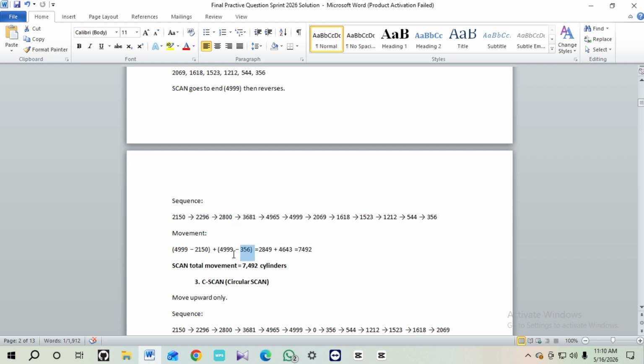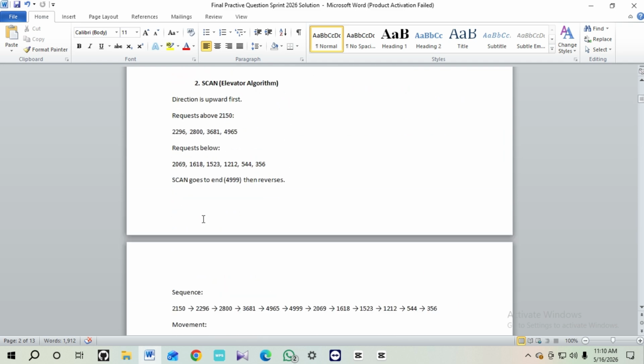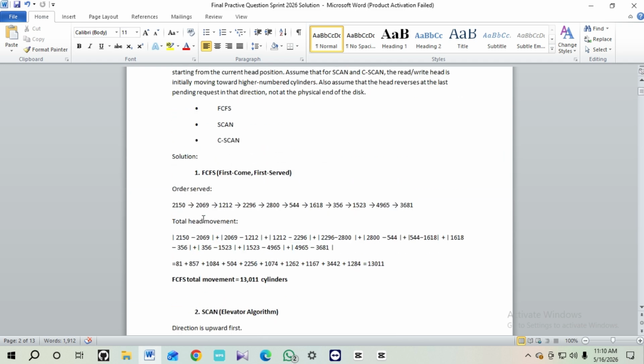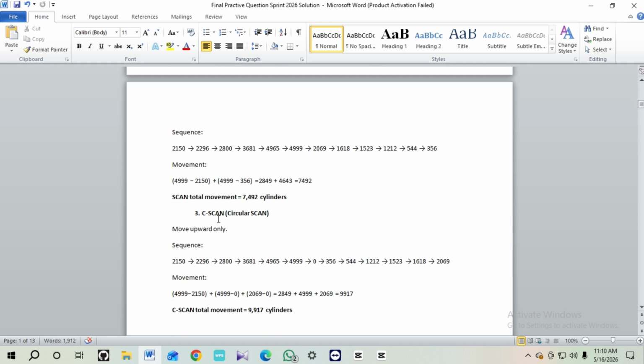These two differences bring the total steps it took to cover all these requests. Here we find 2814 plus 4643, so the total SCAN movement is 7492.